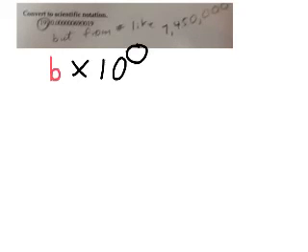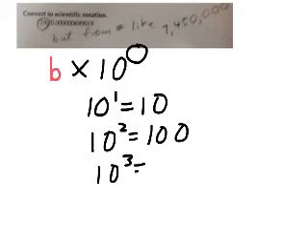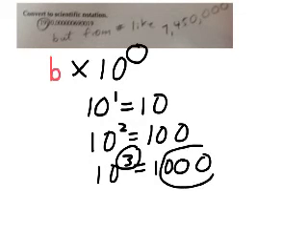10 to some power, like 10 to the 1st power is 10, 10 to the 2nd power is 100, 10 to the 3rd power is 1,000, and so on. You notice the 3 and the number of zeros.